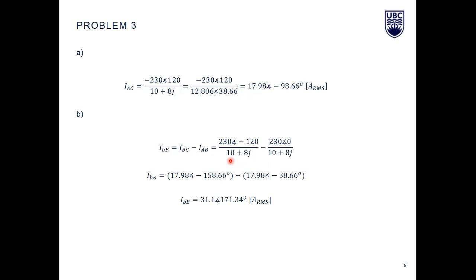So with the same story we can find IBC and IAB, the voltage across the branch over the impedance of the branches. And it will give us IBB equal to 17.98 with the angle of minus 158.66 minus 17.98 with the angle of minus 38.66. And the result will be 31.1 with the angle of 171.34 degrees ampere RMS.